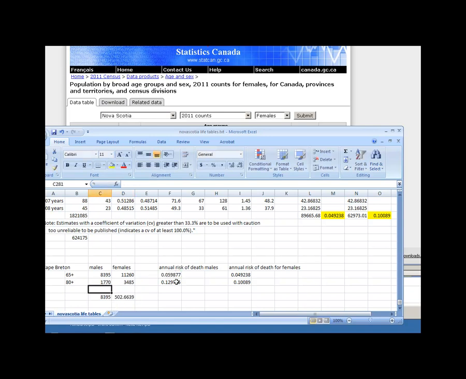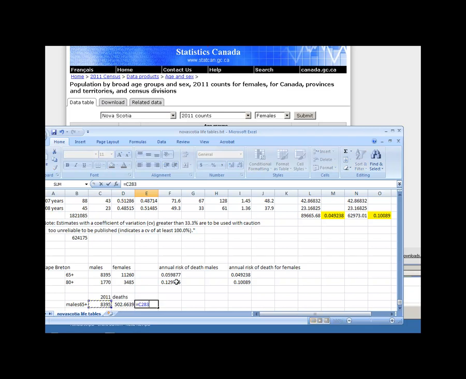So if this was in the year 2011, we had male 65 plus. In the year 2011, maybe I'll add a row, we had 8,395 survivors. Then we would have this many deaths. If we lose about 5.98% of them, that is 502 deaths.